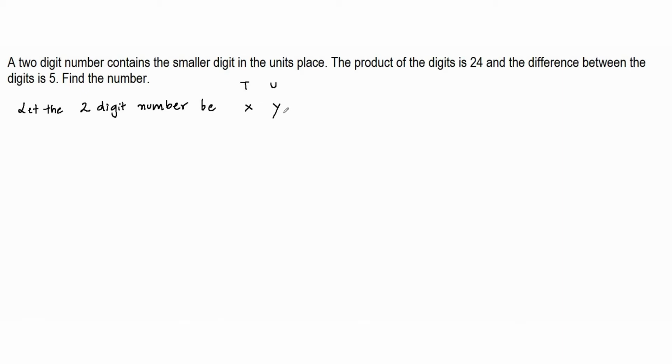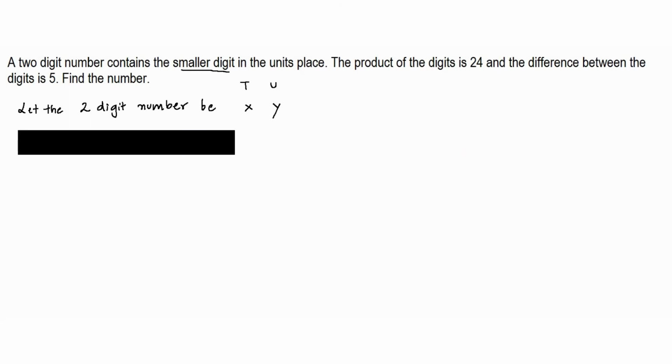Let it be xy. So x is the digit in the tens place and y is the digit in the units place. It contains the smaller digit in the units place. So it is given to me that the smaller digit is in the units place.